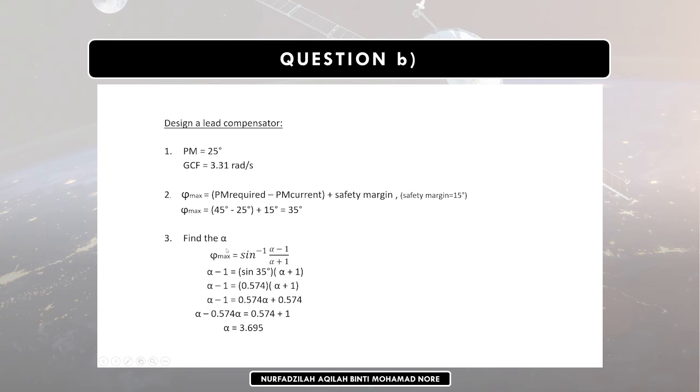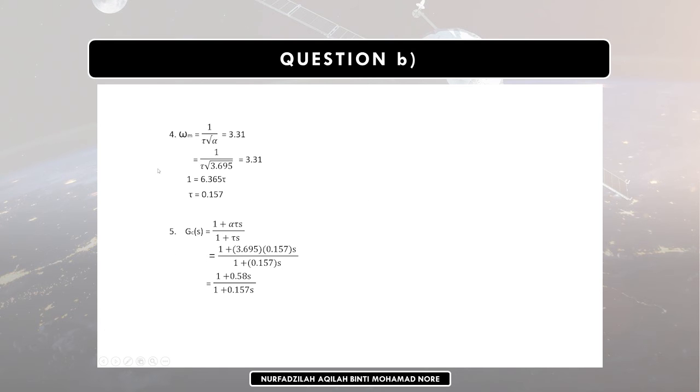We know that the phi max is equal to 35, so we can get the alpha value equal to 3.695. Later, we need to substitute the alpha value into this formula to get the value of tau, which is 0.157. Lastly, we rewrite the transfer function using the value of tau and the alpha value. That's all for my part.